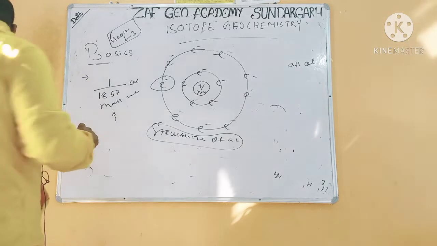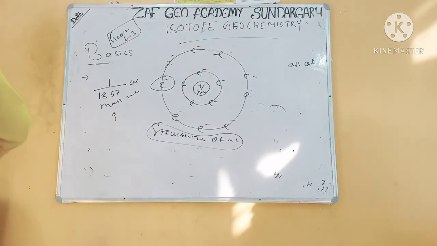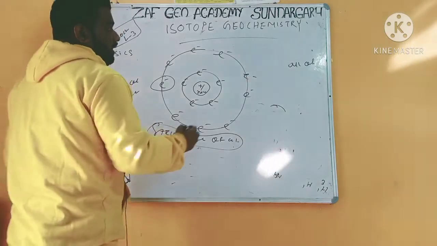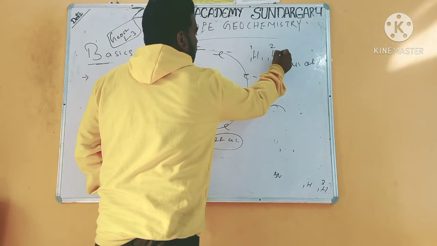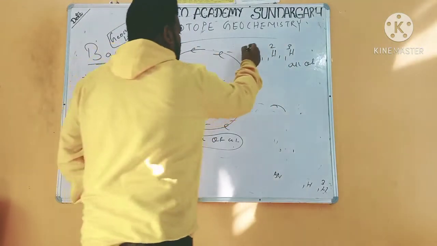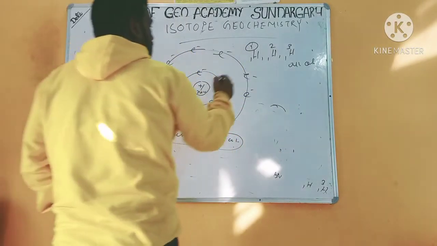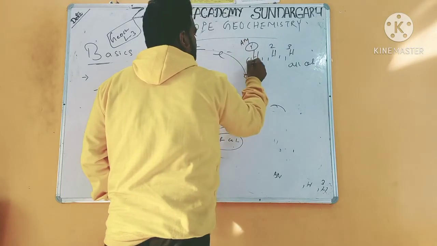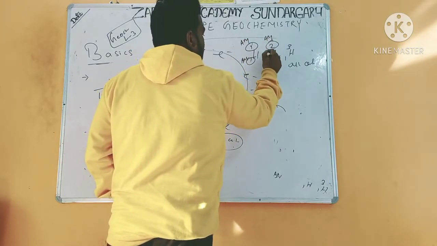So there are three isotopes of hydrogen, like H-1 hydrogen, H-2 deuterium and H-3 tritium. Here they possess atomic number and atomic mass. This is the atomic mass and this is the atomic number.